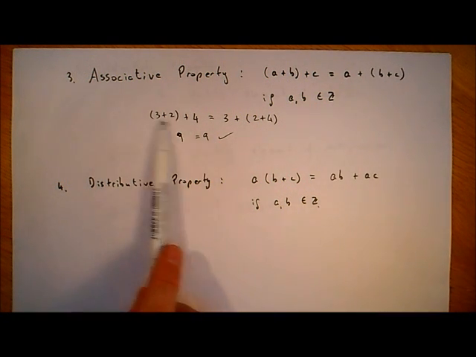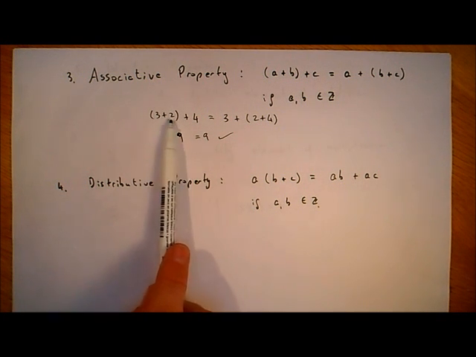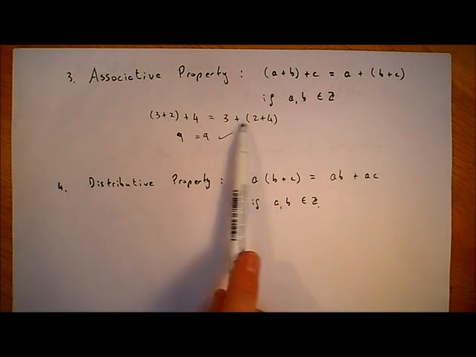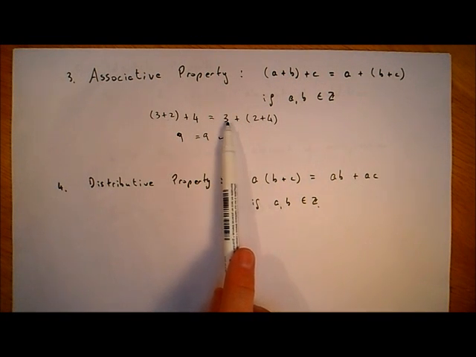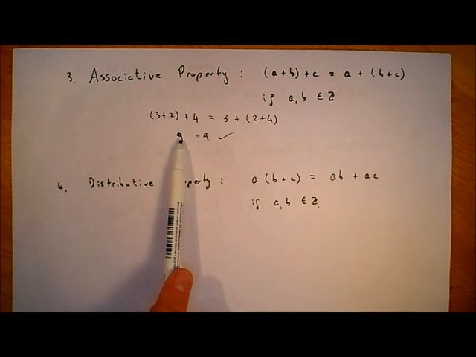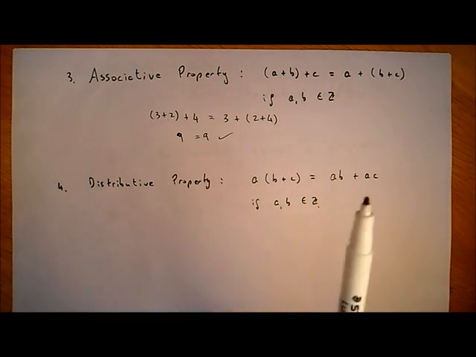So for example, if I have 3 plus 2 in brackets, and then I add 4 after that, so I added 3 and 2 first and then 4, that's the same as going 3 plus and then adding the 2 plus 4. So adding the 2 plus 4 first and adding that to 3. Because if you look at it, 3 and 2 is 5, 5 plus 4 is 9. And over here we've got 2 plus 4, which is 6, and 3 plus 6 is also 9. So again, when you're adding integers, it doesn't matter the order.